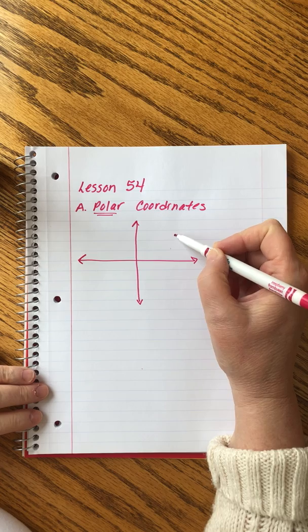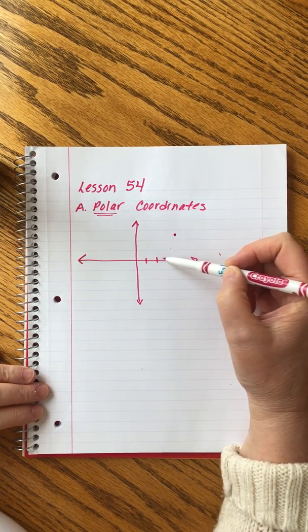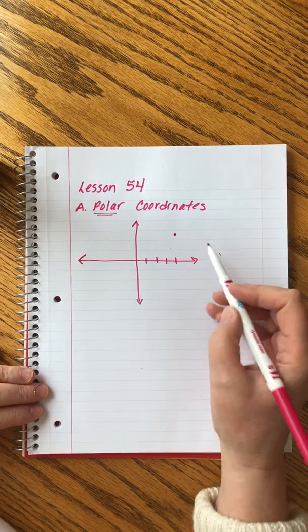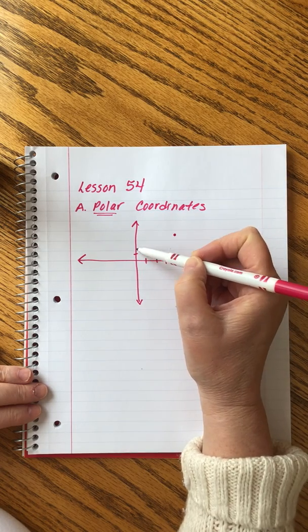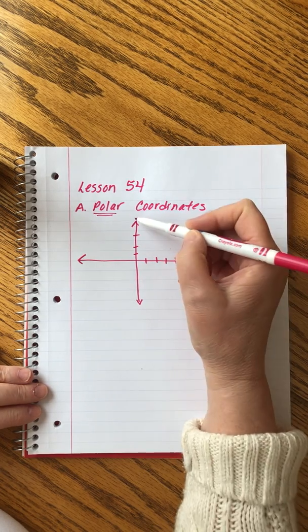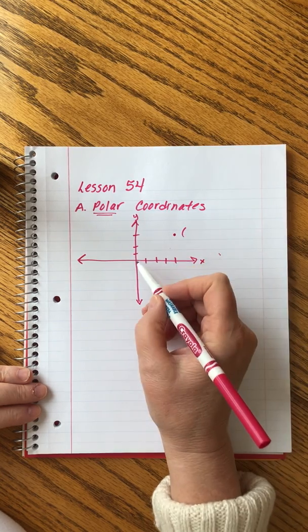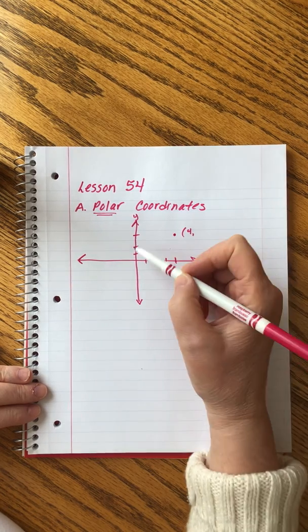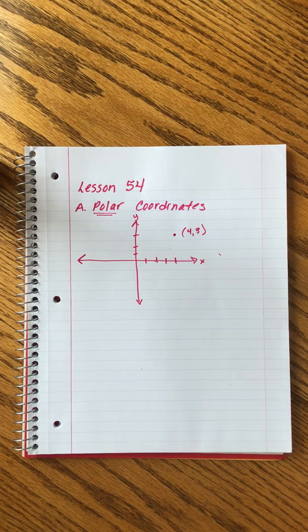In the past, let's say that was a point that we were interested in. What we did was we located it on a graph by measuring a distance on the x-axis and then a distance, I'm making this up, on the y-axis. And we would say that the name of this point was 4, 3, the distance on the x-axis, and the distance on the y-axis, positive and positive in this case.